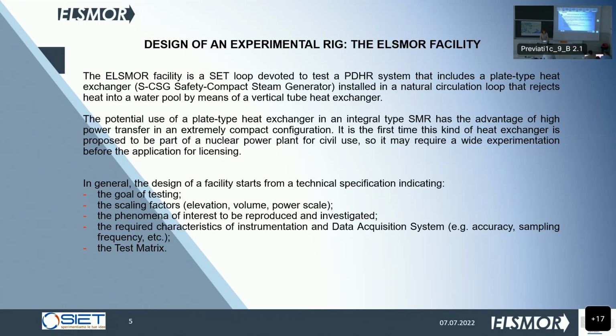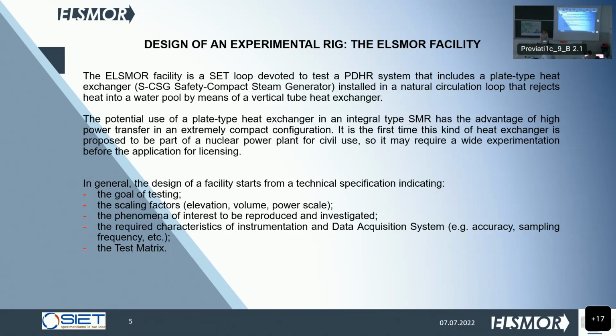So the ELSMOR facility will include such a heat exchanger to act the heat transfer from the primary side to a natural circulation loop that also includes another heat exchanger immersed in a pool, standard type with vertical tubes, that rejects heat to the pool.